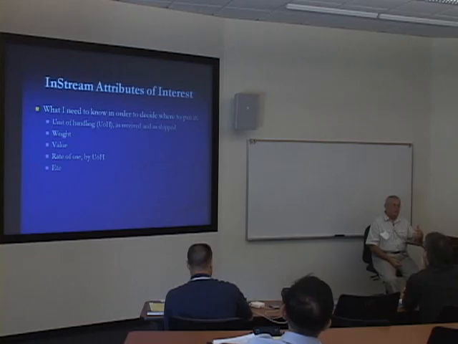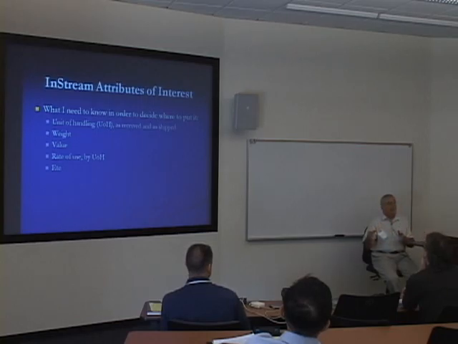Then I could look at some other attributes of the goods that come in. I could look at the cube, the weight, where they come from, and what their storage requirements are. Is this something that can be ambient stored, or does it have to be refrigerated? Is this something extremely valuable and easy to lose, or something nobody's going to walk out the door with?